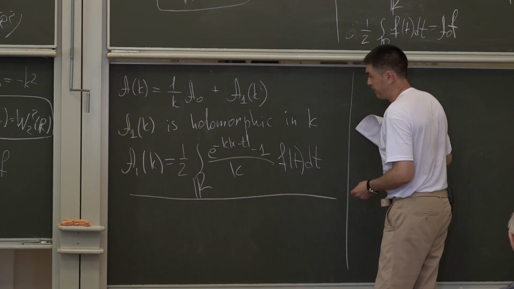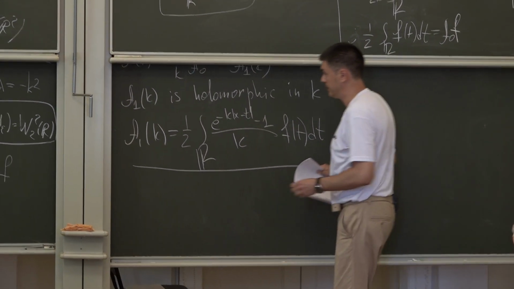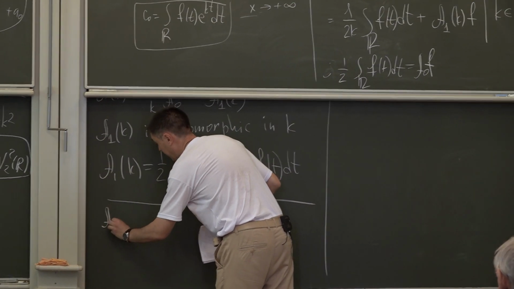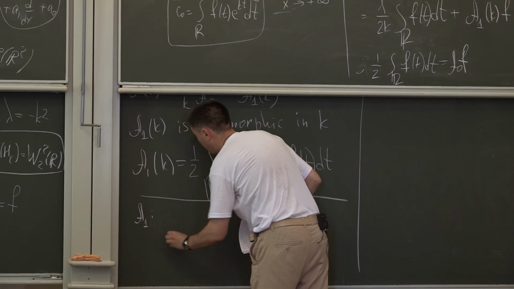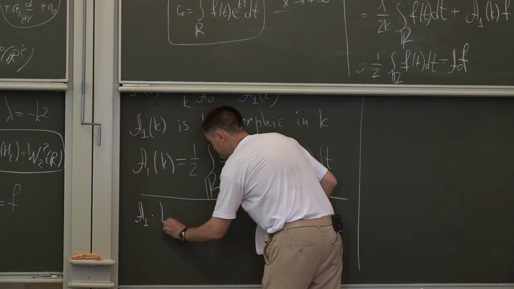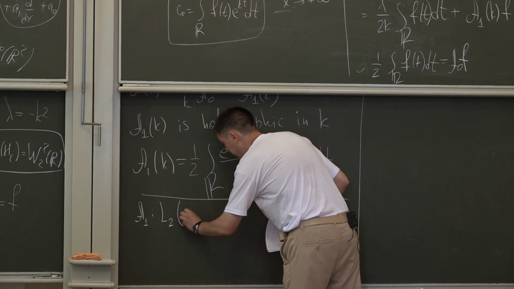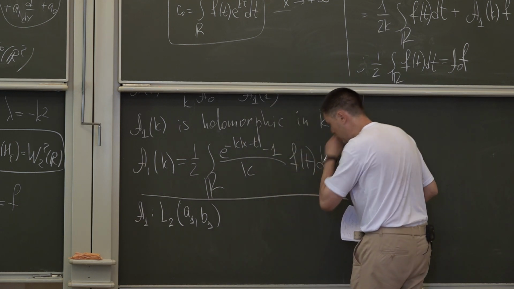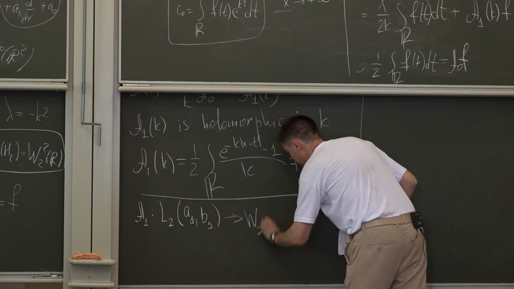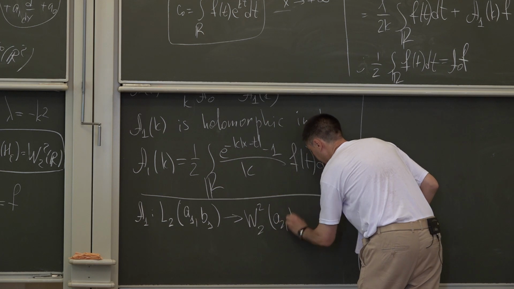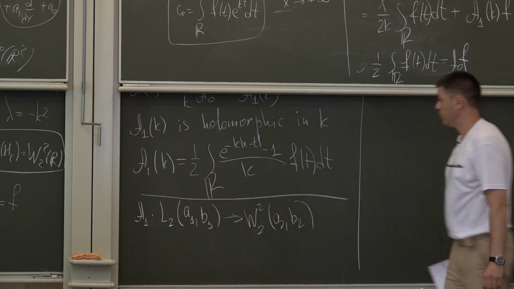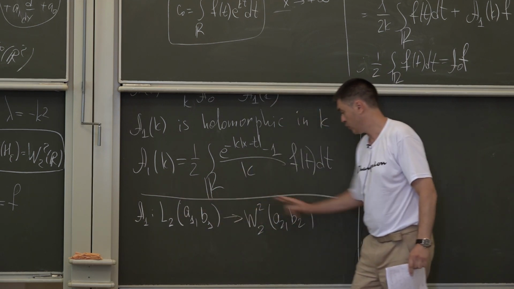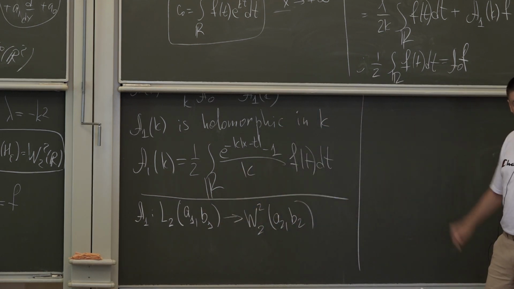But now we should specify the spaces in which this A1 acts, and we say that A1 is an operator from L2 on any segment into W22. So it's a bounded operator from L2 on any segment into W22 on any other segment.